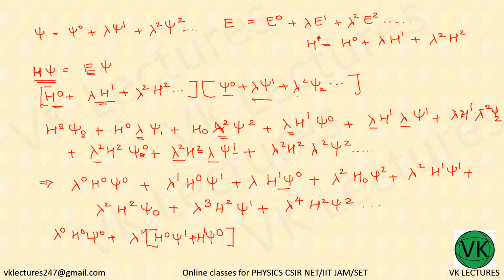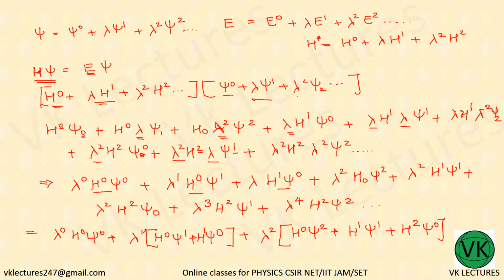Okay, these two values, this is also included. Now plus, now we have λ squared. It has to be H0 ψ2 plus H1 ψ1 plus H2 ψ0. Now I hope you understood how to write the terms.